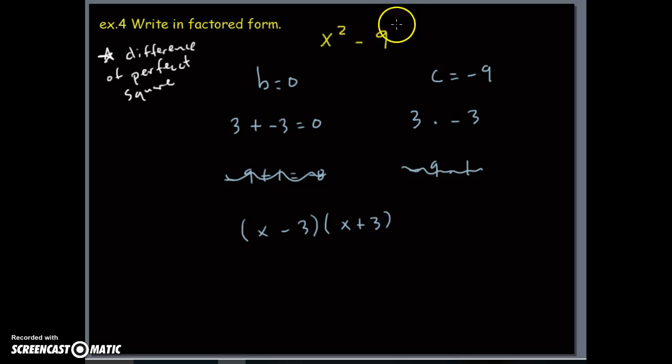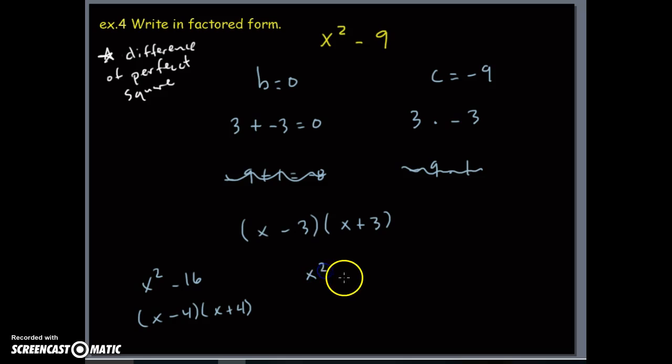So when the number for c is a perfect square, like the square root of 9 gives you 3, the square root of 16, so if we had x squared minus 16, this number right here is a perfect square, then the factors are the opposite numbers you get when you take the square root of c, so x minus 4 and x plus 4, right?